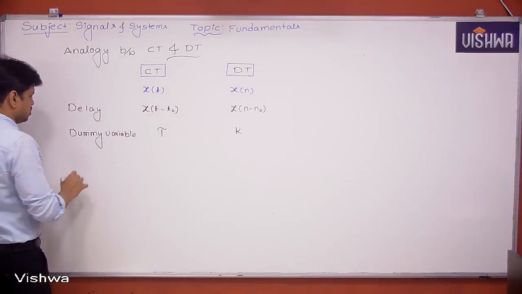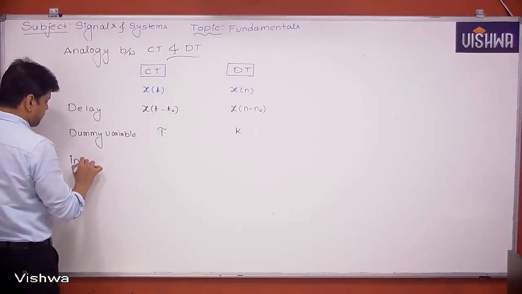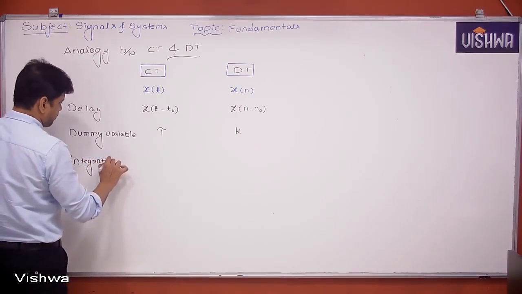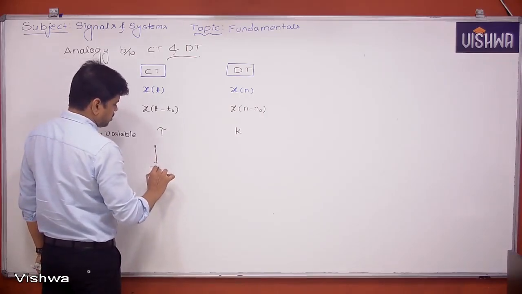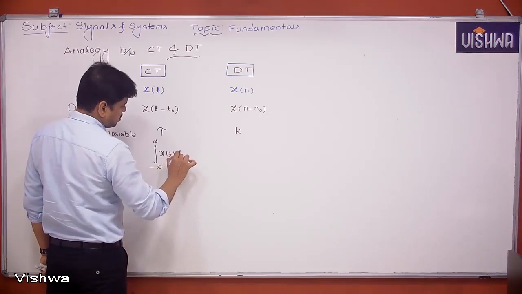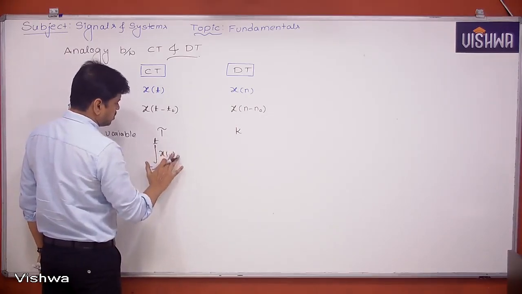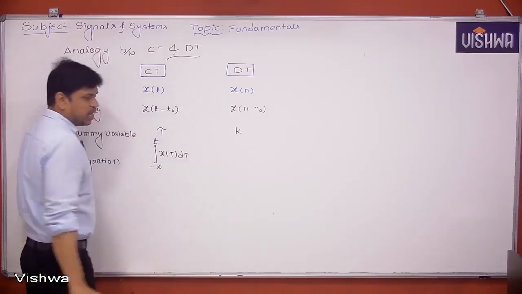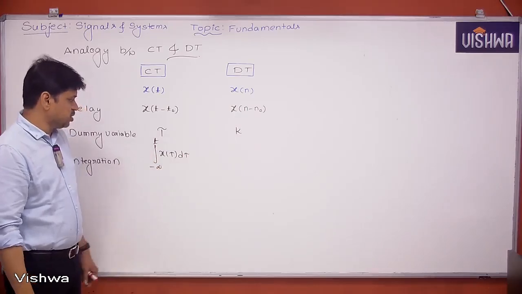Next, integration. In the continuous time case, it is shown like integral from minus infinity to t of x of tau d tau. So I am doing the integration with respect to tau, and the tau value is changing from minus infinity to t.